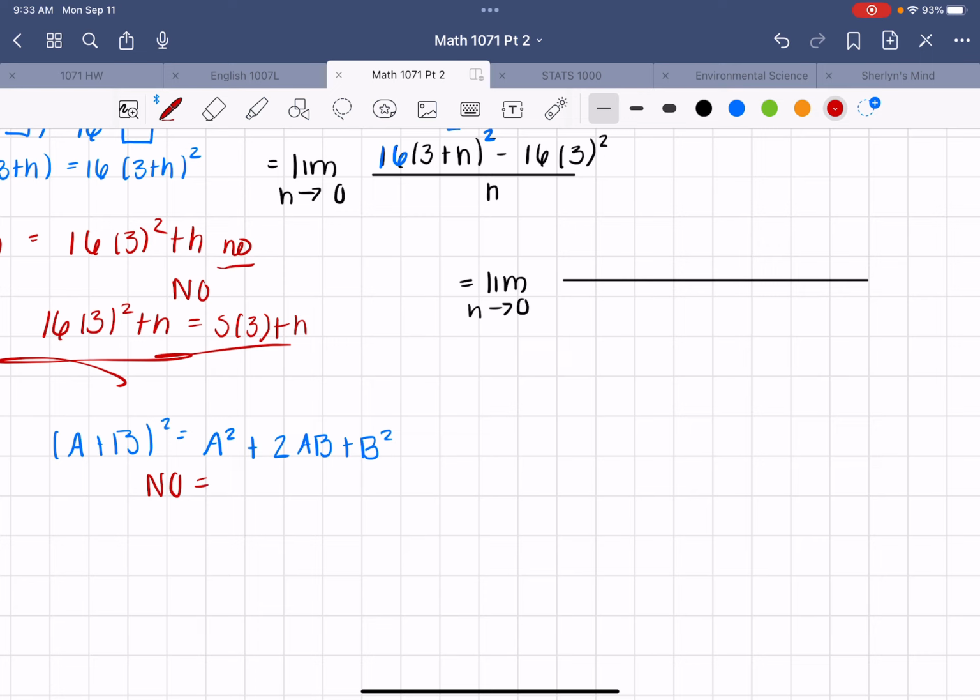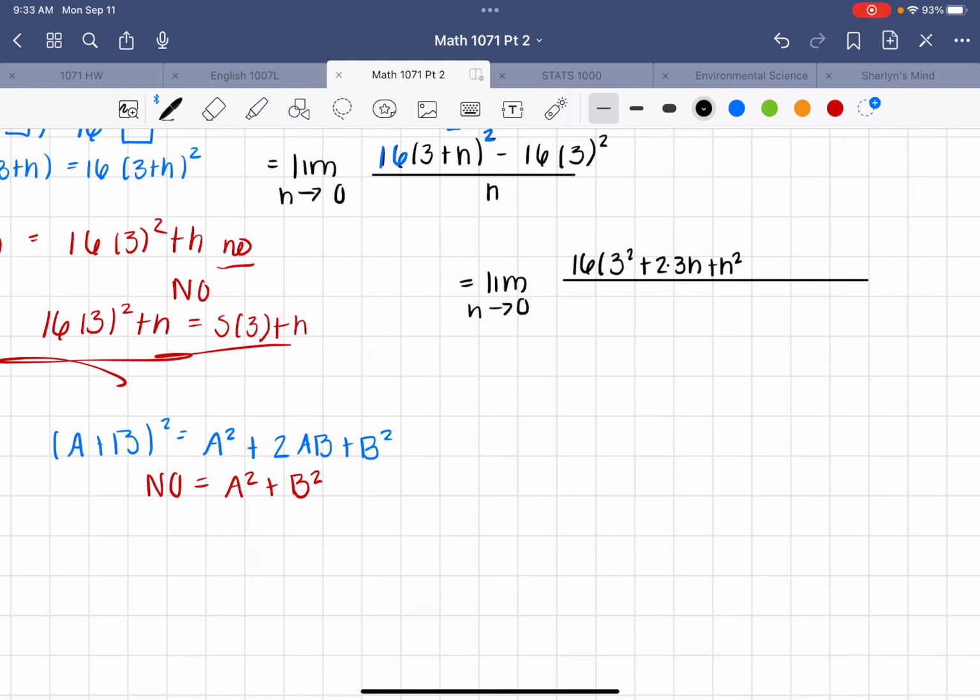So don't leave out the middle term. So the 3 plus h squared is 3 squared plus 2 times 3 times h plus h squared, minus 16 times 3 squared.